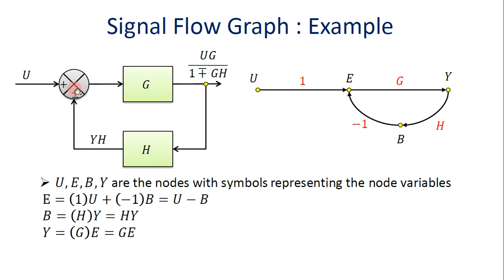Remove the summing point and branch point and put a dot in each place. This is called the input node and this is called the output node.